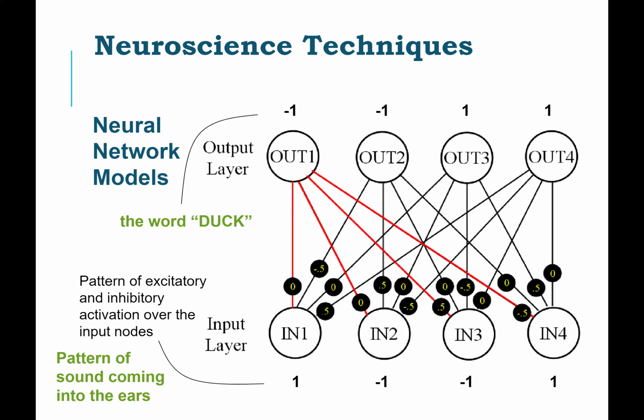So we build models to better understand something. Sometimes we build models to build those things in a machine. So models can have multiple purposes.